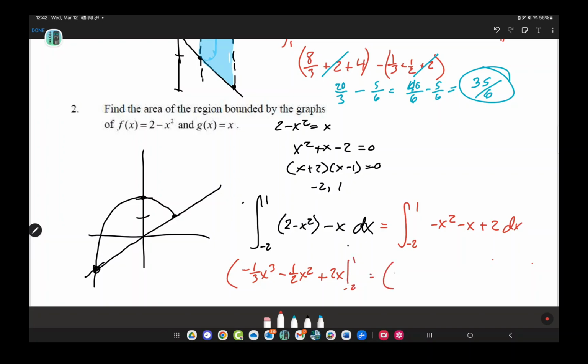Now, plugging in 1 gives you negative 1/3 minus 1/2 plus 2, minus plugging in negative 2, which gives you positive 8/3 minus 2 and then minus 4.